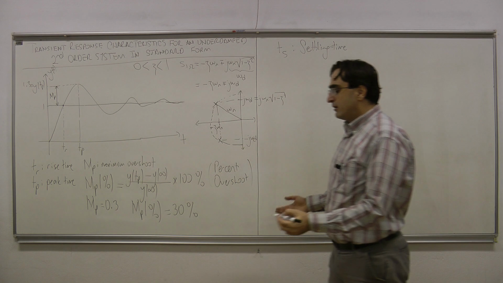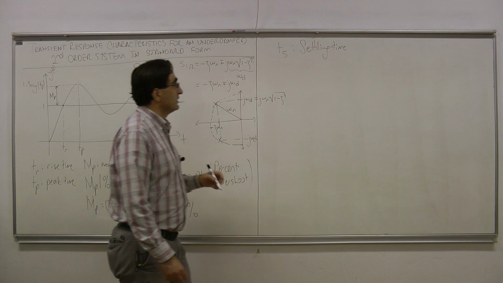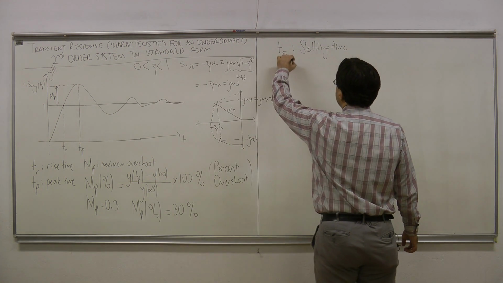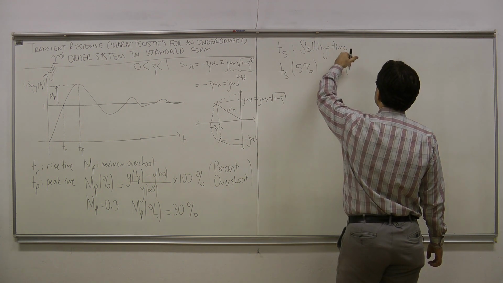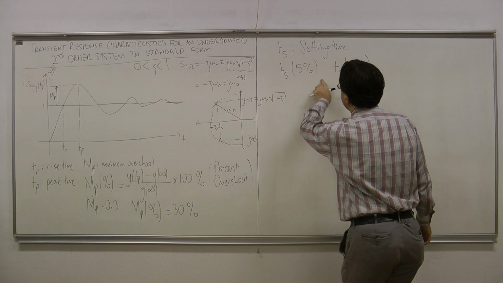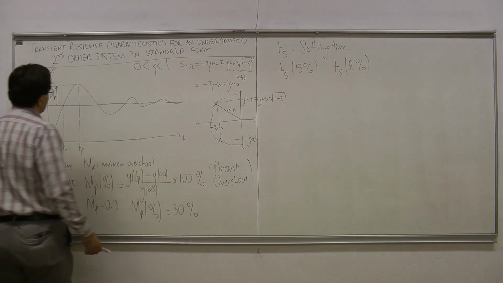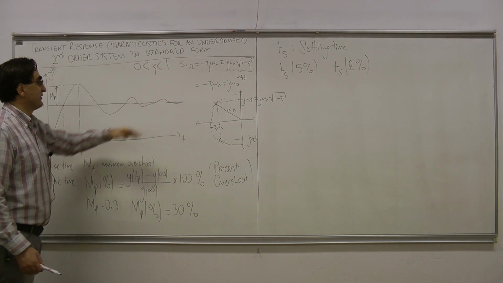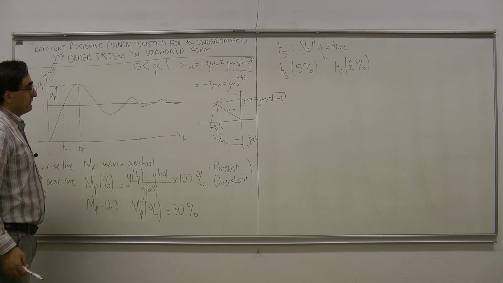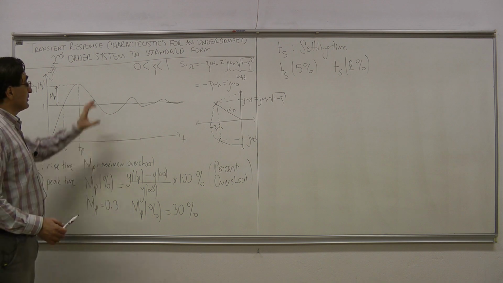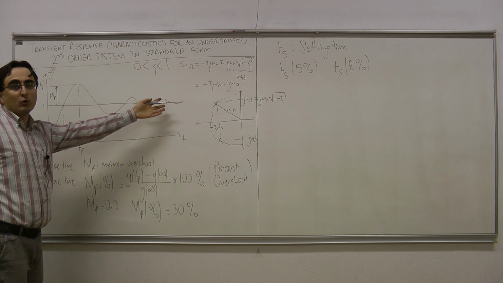And in this case, there are two definitions actually, 5% definition and 2% definition. So when we talk about settling time, we generally specify which settling time we are talking about. Okay, so this is the 5% settling time and 2% settling time. Settling time is related to how long this response takes before it converges to the desired value. Okay? So if I look at the 5% settling time, obviously you see that this convergence happens as time goes to infinity.